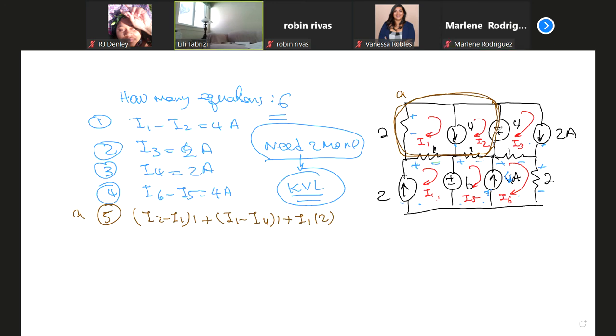What happens to the voltage source? Voltage source is also along the way. Plus 4 equals 0. Okay, Rojas, do you agree with this formula? Rojas, are you here? Yeah, I'm here.